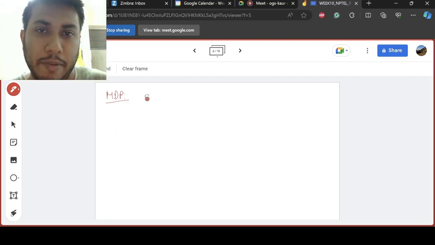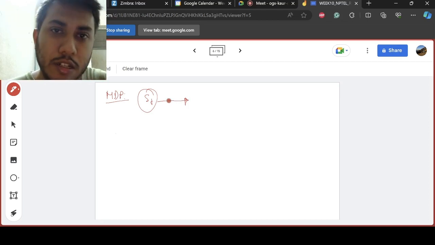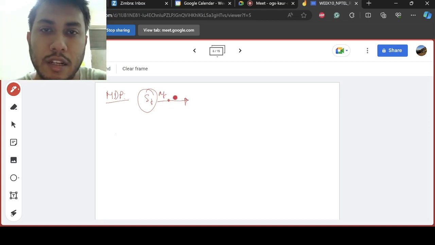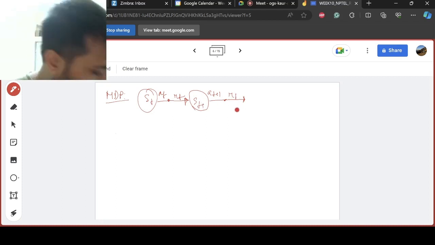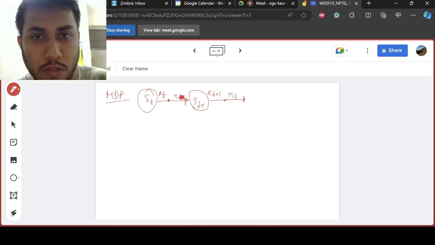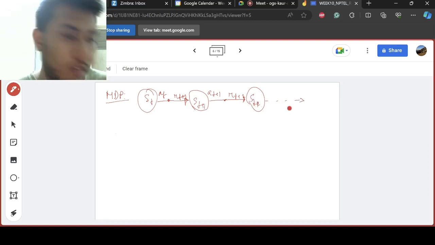So what does a typical MDP look like? You have a start state, you have a state, and based on an action a_t, you get a reward r_t and go to the next state s_t+1, right? Similarly, you take an action a_t+1, you get a reward r_t+1, and you get a next state s_t+2, and then you continue.